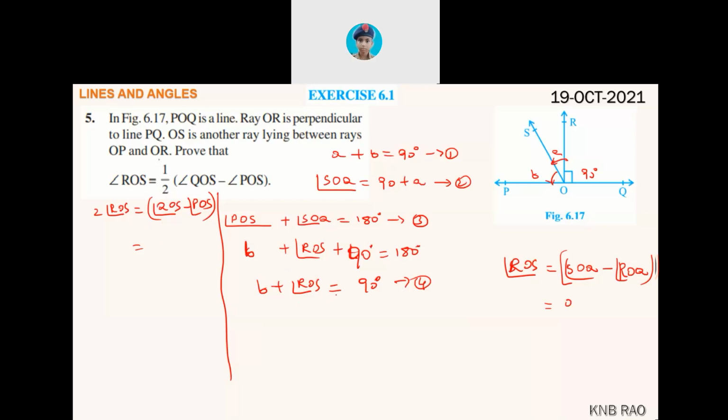Correct, dear. So I'll substitute here angle ROS equals A plus B by substituting. So angle ROS, I'm proving that ROS as A. It is useless again. Here angle SOQ to be proved as A plus B plus A, sir.